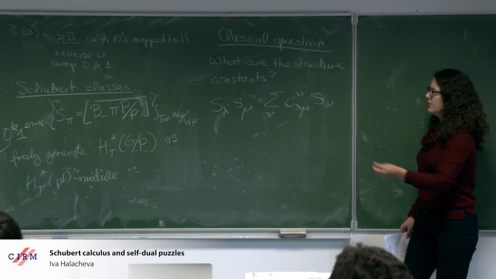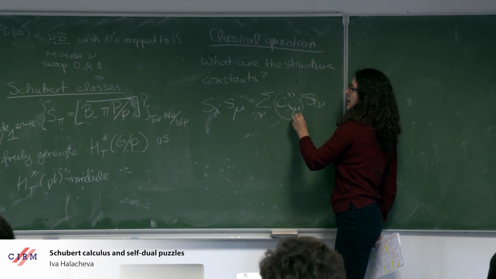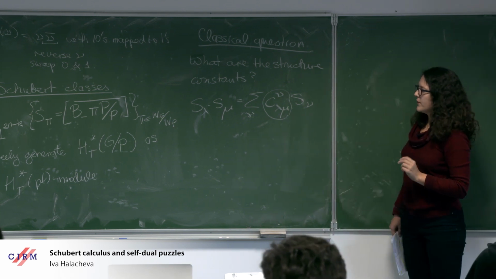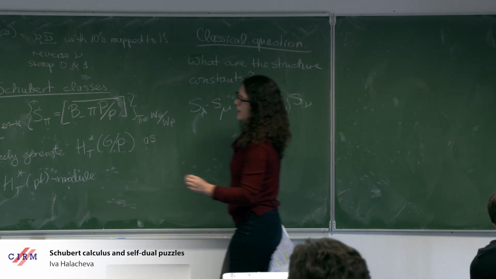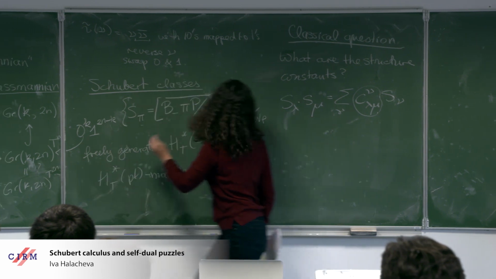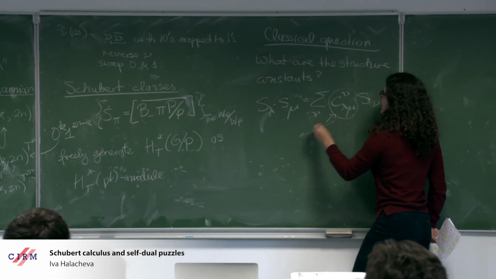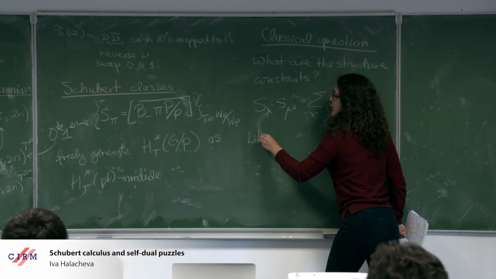And so these structure constants also appear in type A, when we're looking at this Grassmannian, as exactly the Littlewood-Richardson coefficients.